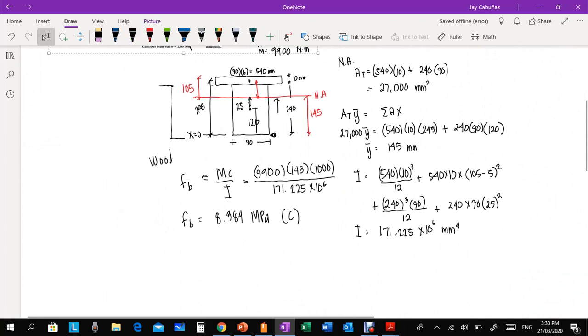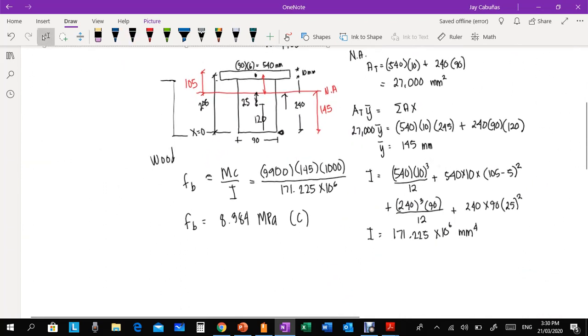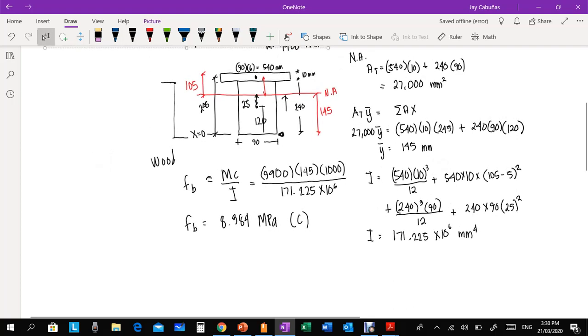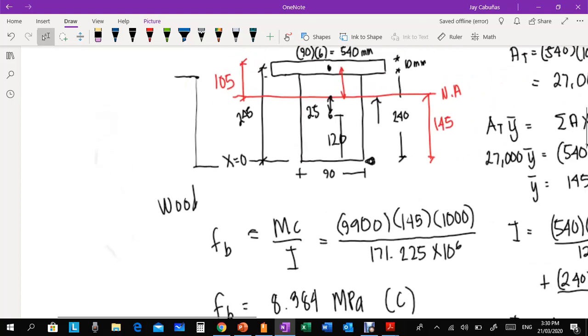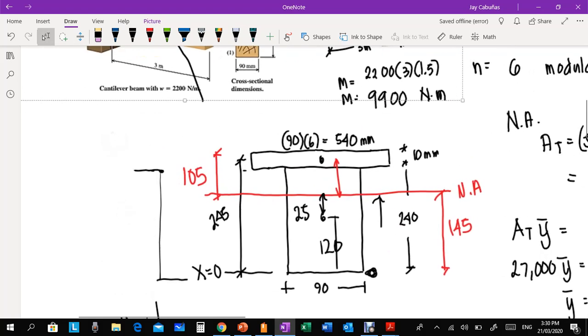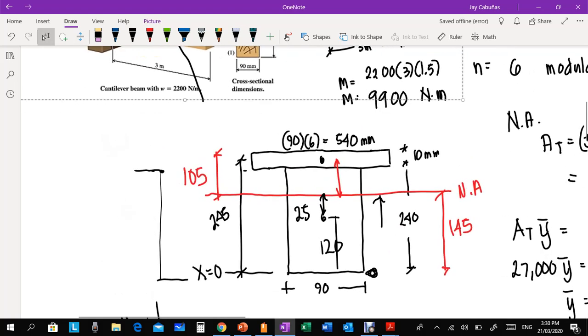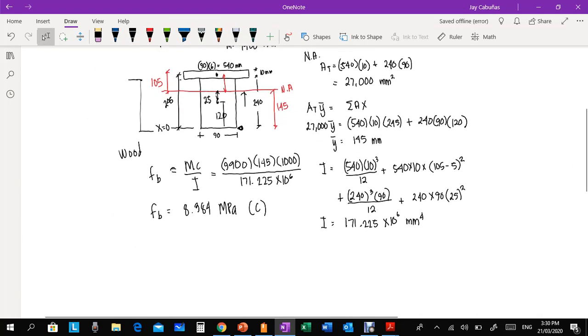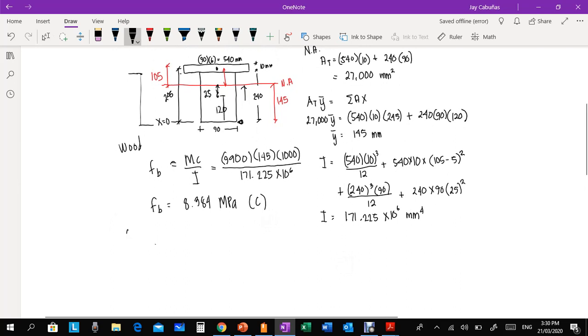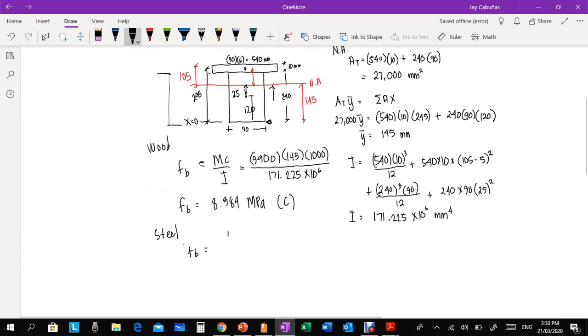Now, the next question is the maximum bending stress for the beam, for the steel rather. So the maximum stress of the beam should occur at this point, right? At this point, where C is largest, so we have 100. Now, take note, this is for the steel. That is FB is equal to MC over I, correct?